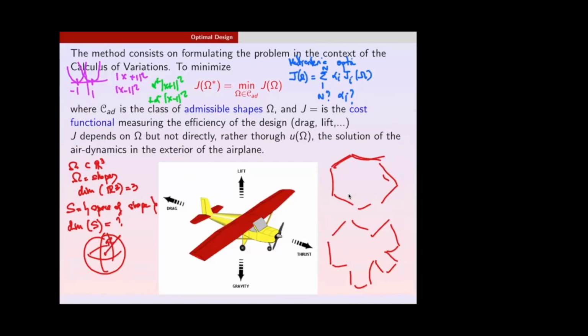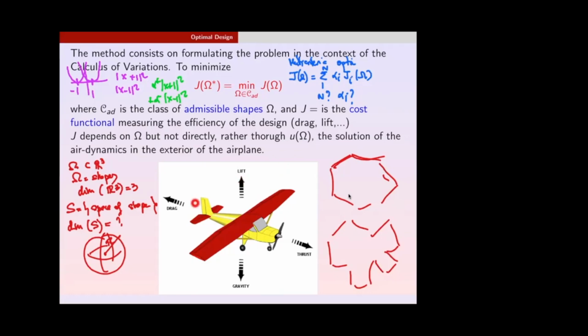This is how some of the main challenges of optimal shape design in the aeronautic industry are viewed from a simplified mathematical perspective.